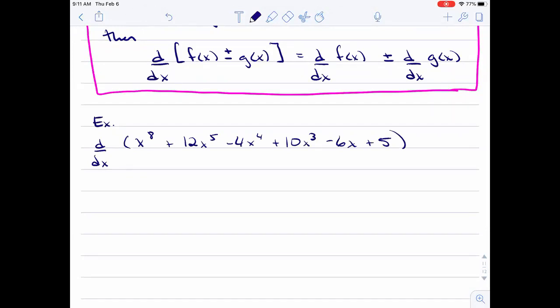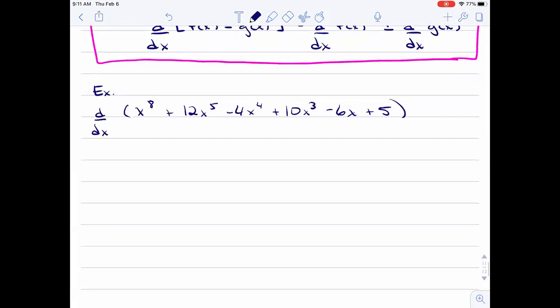Looks nasty, but we've got the sum and the difference rules. We know we can just bring the differential operator onto the functions of x, and bring the constants outside. And so what we get is, I'll write it out, but that's only because we're establishing what's going on here. If you just went straight to the derivative from here, that's fine.